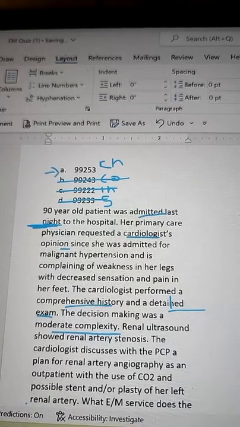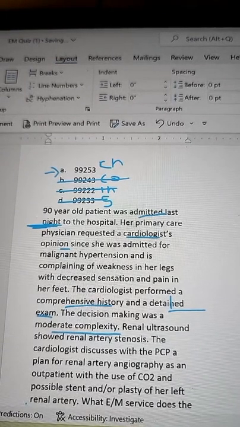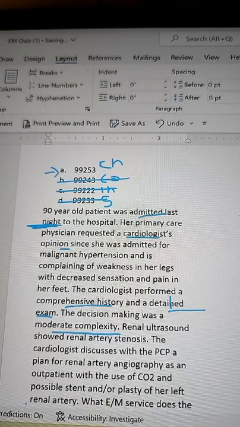So if you look at the 53 CPT code descriptor, underneath the time where it says typically 55 minutes is spent, it also says bedside on the patient's floor or unit under 53.